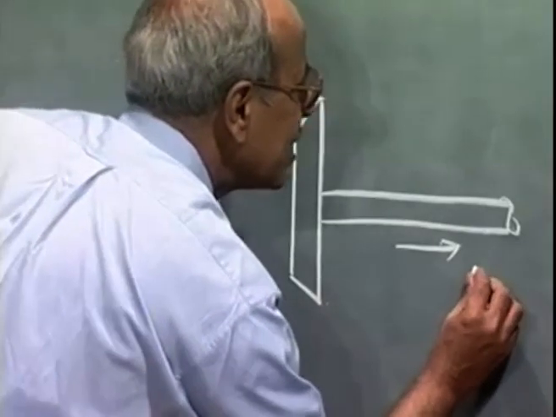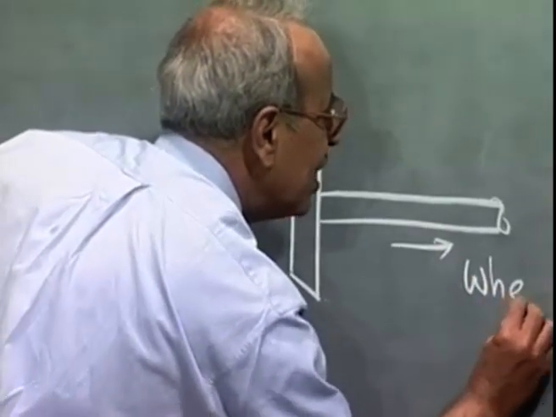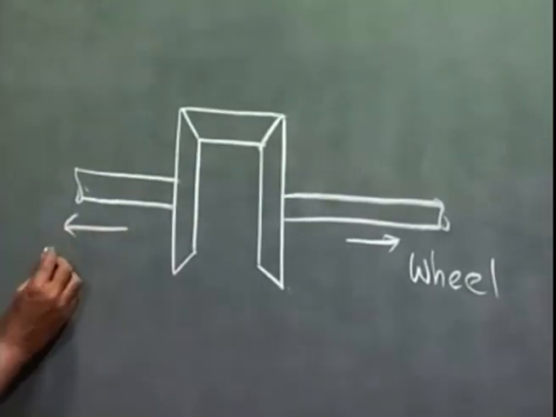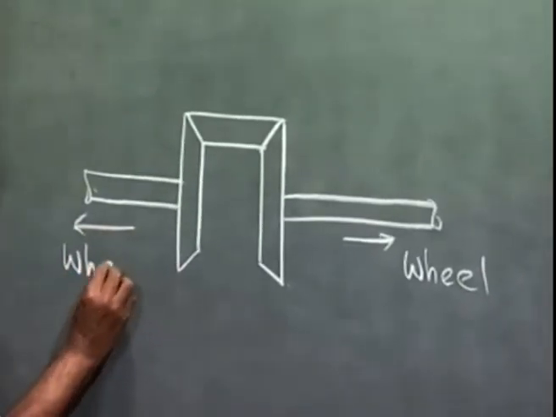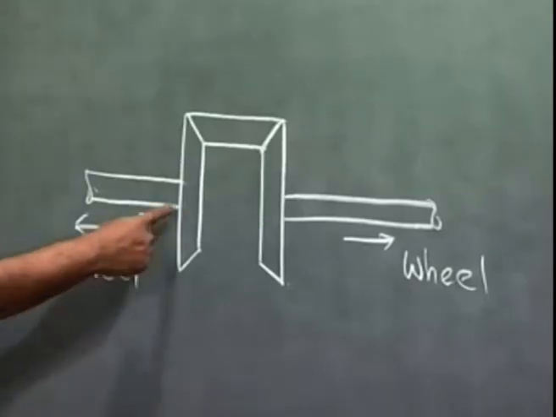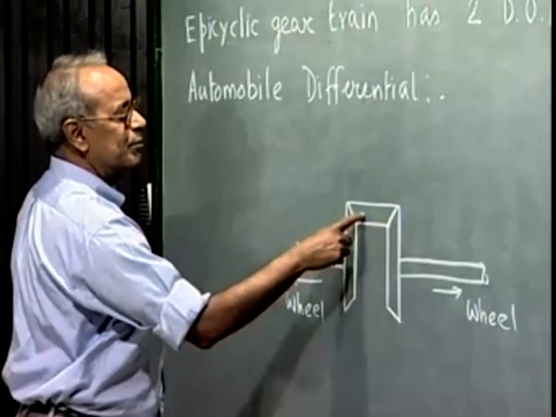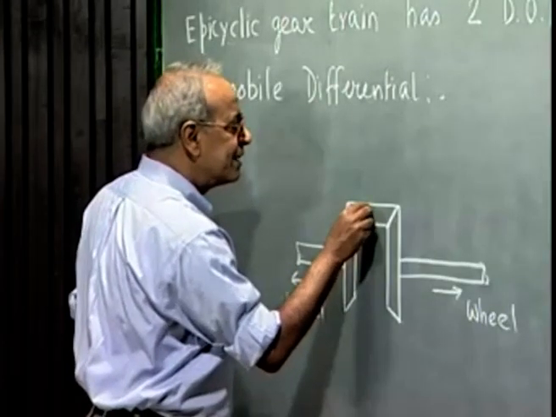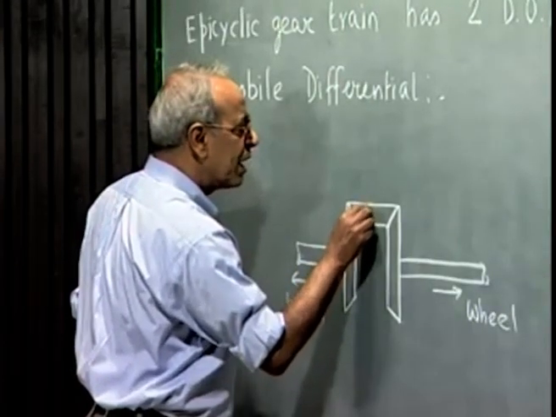This is, say, to one of the rear wheels, and this shaft is the other, connected to the other rear wheel. These are bevel gears which are connected by another bevel gear. But this bevel gear is carried by an arm.